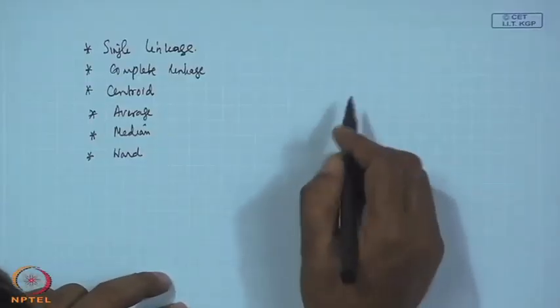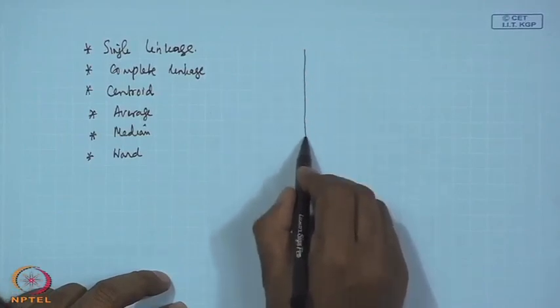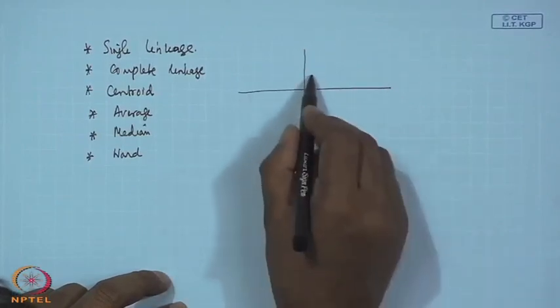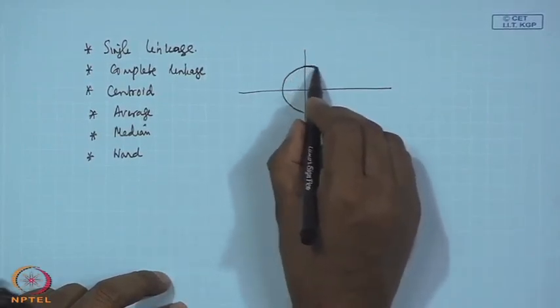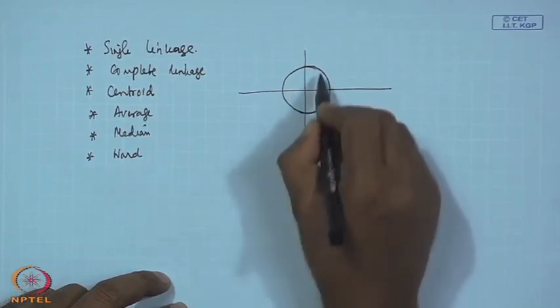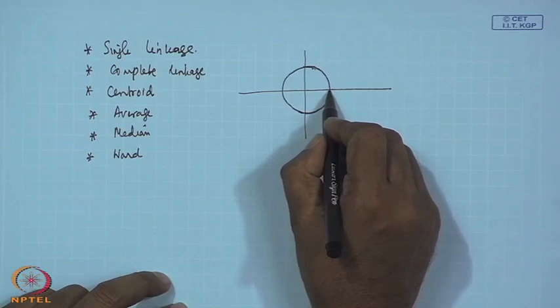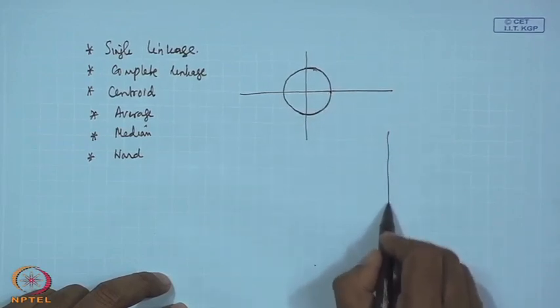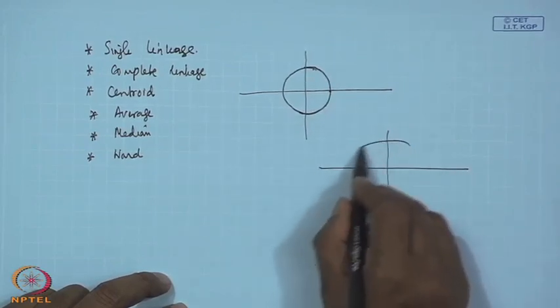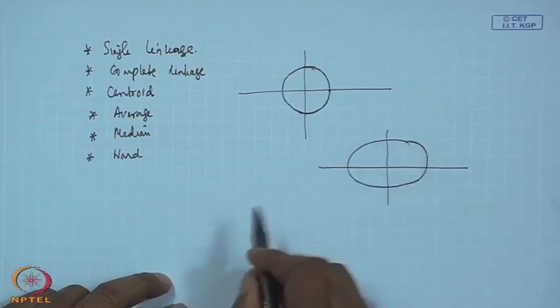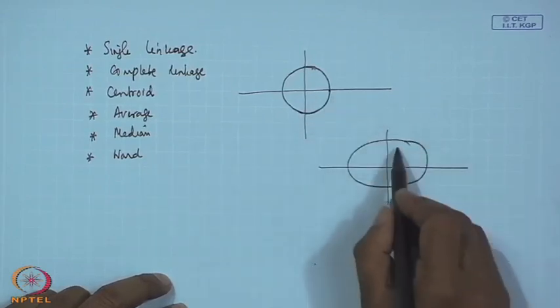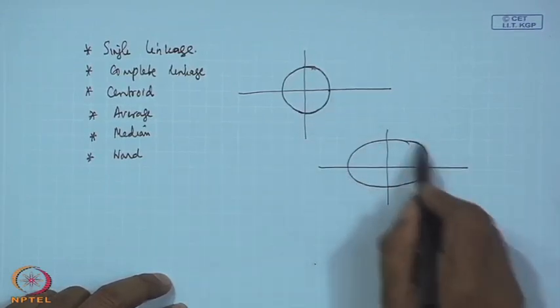Actually, if you can recall when we discussed statistical distance, I said that if you consider Euclidean distance, all points on this circle are similar in terms of Euclidean distance. But if the data resemble an ellipse, you cannot say, based on Euclidean distance, that they are equidistant.